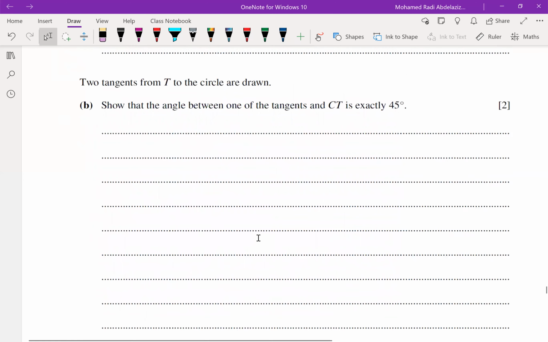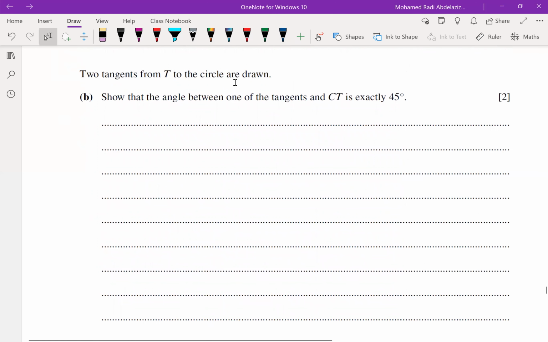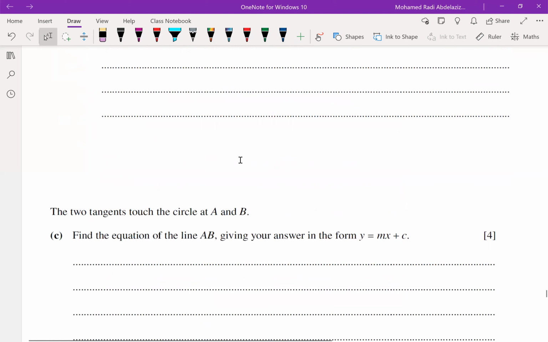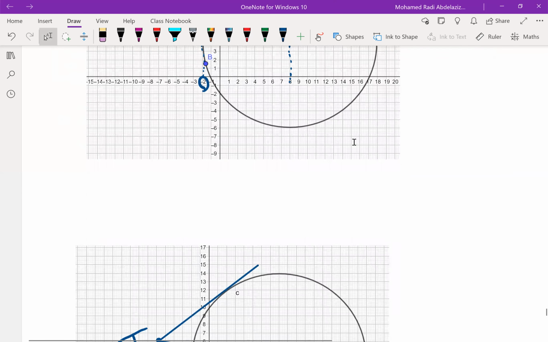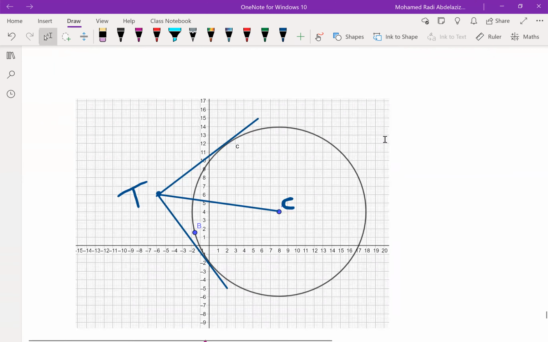Part B, two tangents from T to the circle are drawn. It's better to show that graphically. Two tangents, drawn from the point to the circle, touch the circle at A and B. From the circle theorem, the two tangents from a point outside the circle are equal.